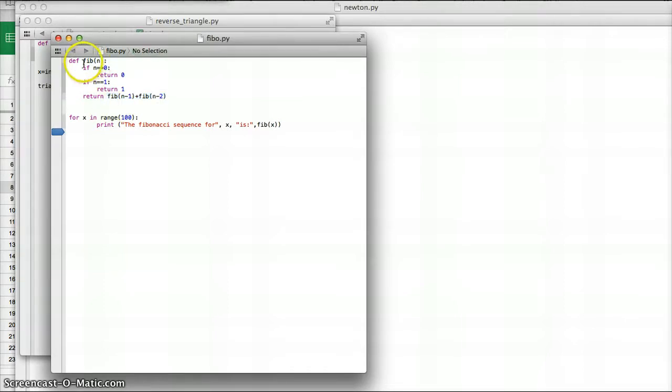For example, we have fib of n, and we know that the Fibonacci number of any number is the Fibonacci of the previous number plus the Fibonacci of the one before that. So recursion is easier to use when you are given this type of thing, where the fib of this is the fib of these two numbers. It's easier to use when you have a mathematical formula that defines itself.